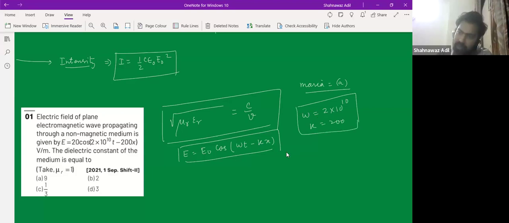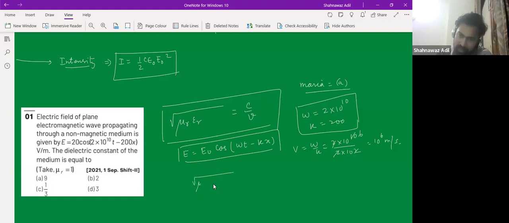So the velocity would be omega by k, so 2 into 10 to the power 10 divided by 2 into 10 to the power 2. So this is 10 to the power 6 meter per second.